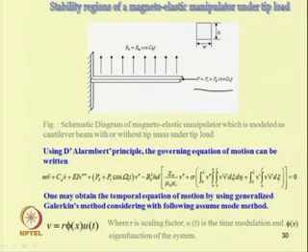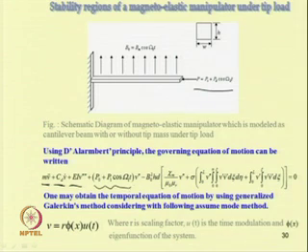Here we have taken the cross section to be rectangular, and due to this magneto-elastic load and the axial load, we can derive the equation of motion of the system. The equation of motion can be written in this form: m v double dot, where v is the vibration in the transverse direction, plus, by taking damping C, d v dot, then E I del fourth v by del s fourth, then we can have the loading term.